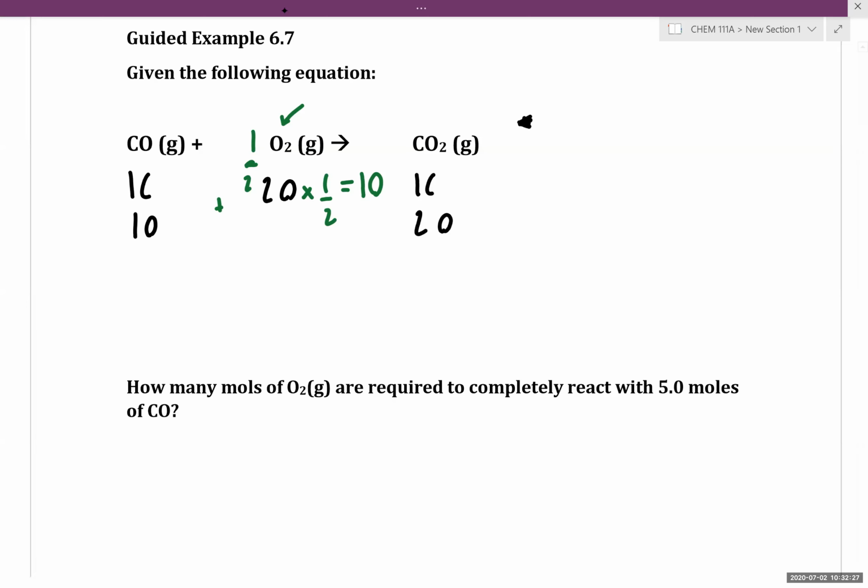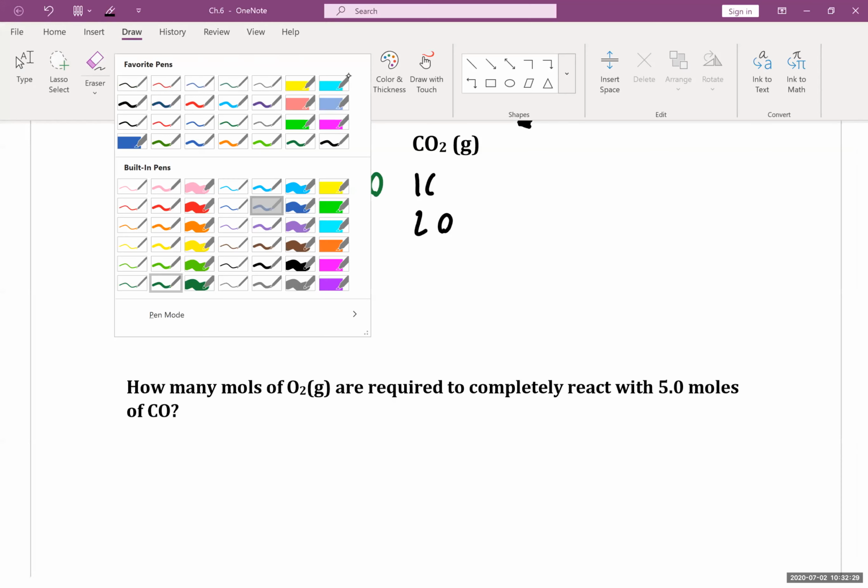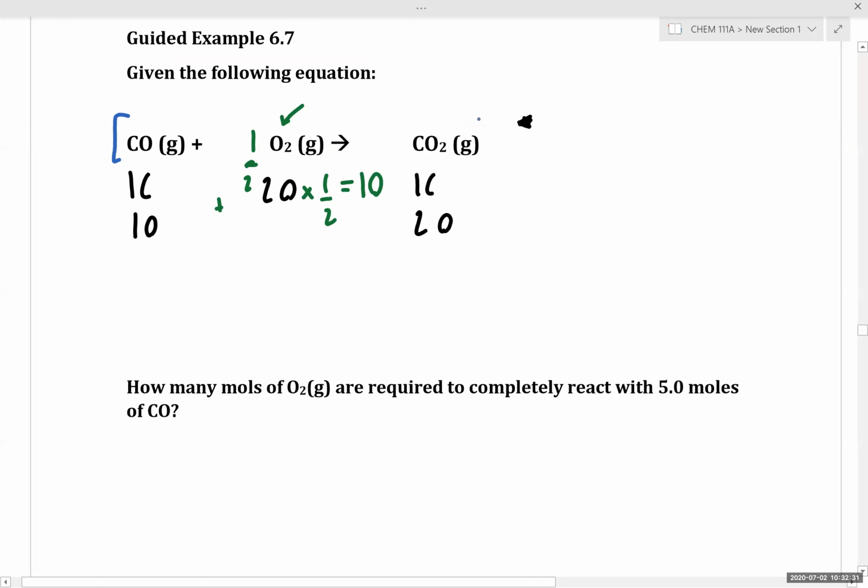Okay, now that we have our fraction of 1/2, we multiply all of our coefficients by a whole number. And what whole number should we choose to get rid of this fraction?